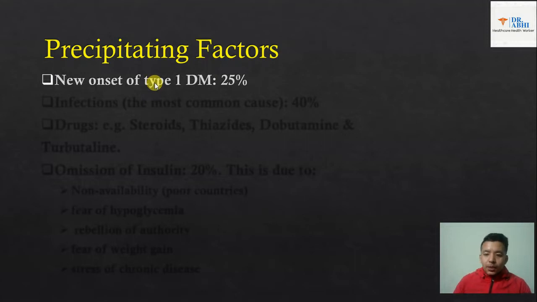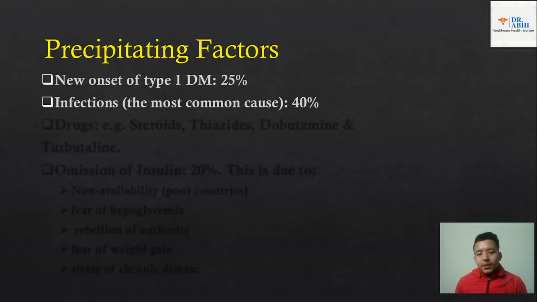Moving forward, what are the precipitating factors that most commonly cause diabetic ketoacidosis? The first is type 1 diabetes mellitus. It has been evident that 25% of the people having diabetic ketoacidosis are those who have type 1 diabetes mellitus.